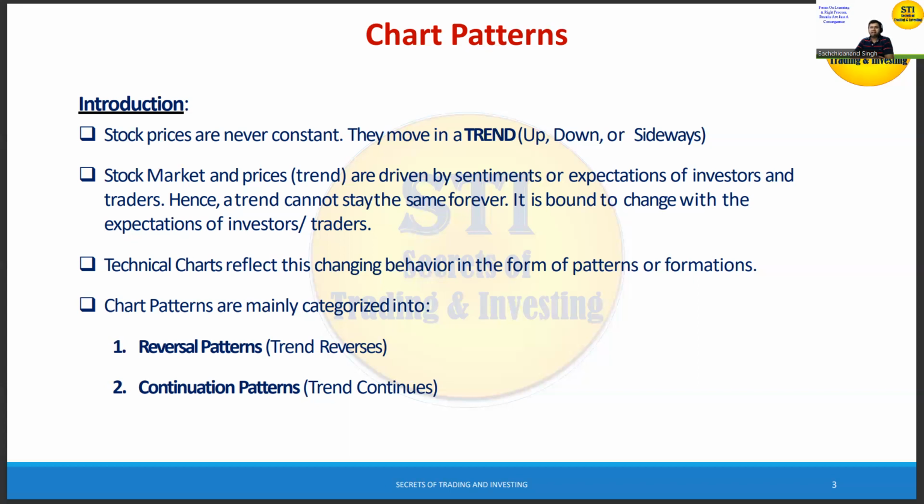For example, any chart pattern or any trend, upside or downside, will not remain the same after a certain period. That period may sometimes be a little longer, or sometimes shorter, so we cannot say, but the only thing we can say is that in general, change is the only constant.